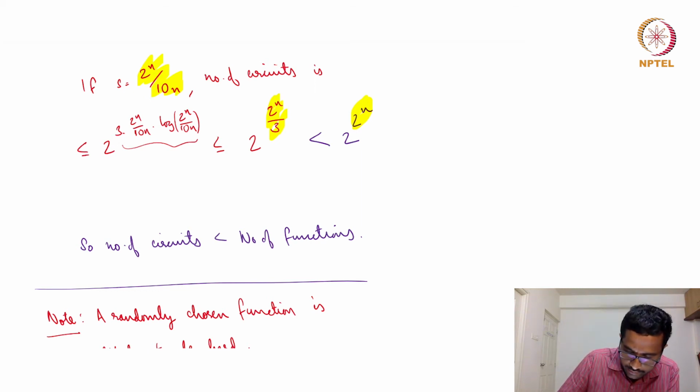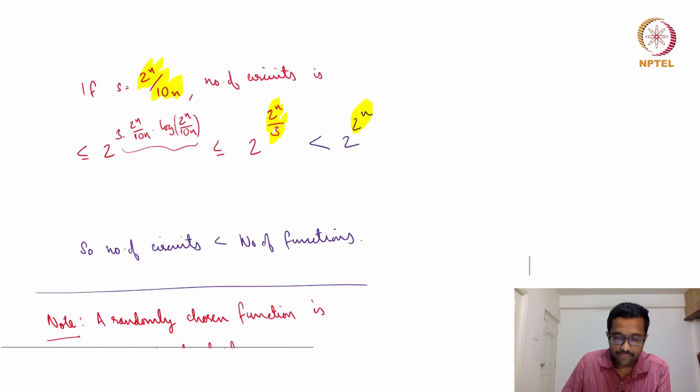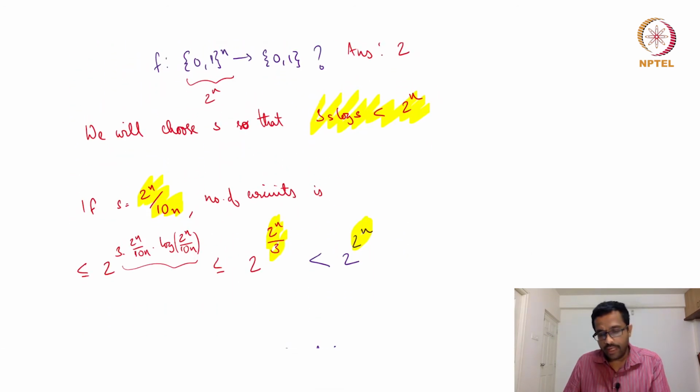However, there is one interesting point here, or two interesting points rather. The first thing is that 2 power 2n is way bigger than 2 power 2n divided by 3, right. So it is much bigger. Just to compare, 2 power 3 is 8 and 2 power 9 is 512, right.